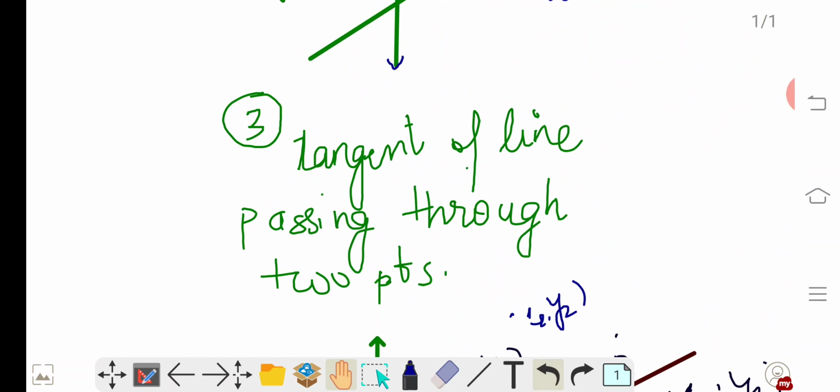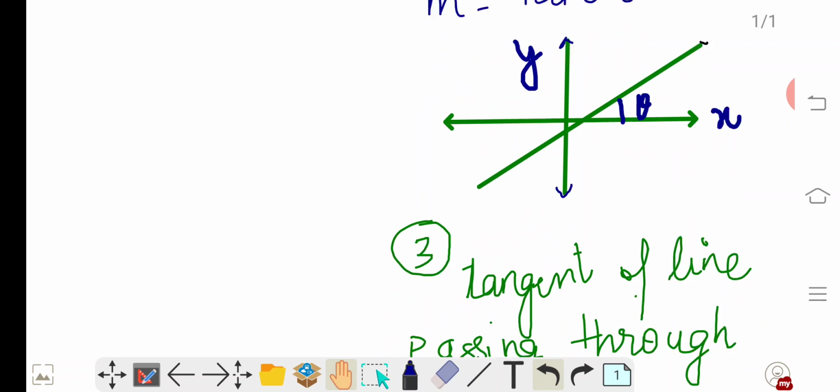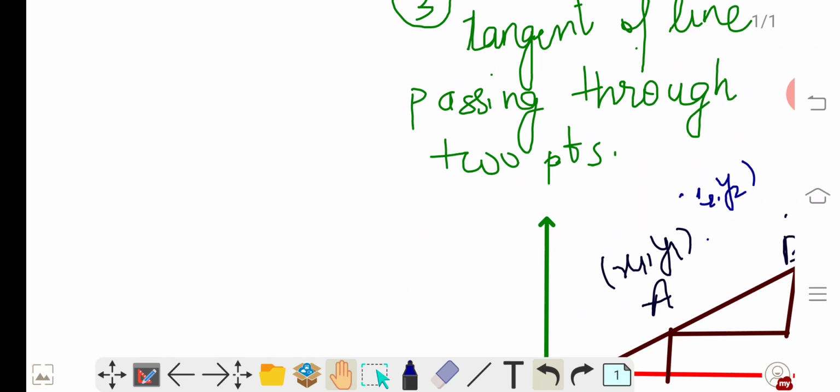As we know that m = tan theta, and tan theta is nothing but perpendicular upon base.